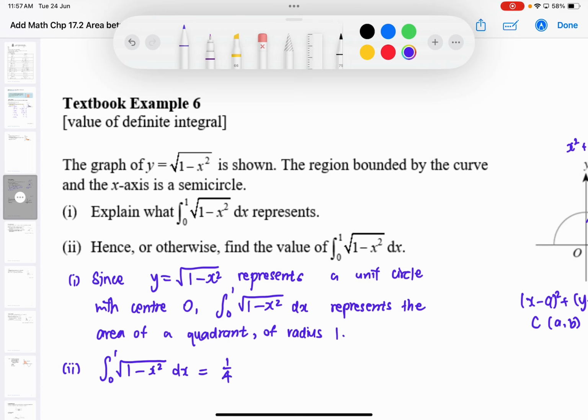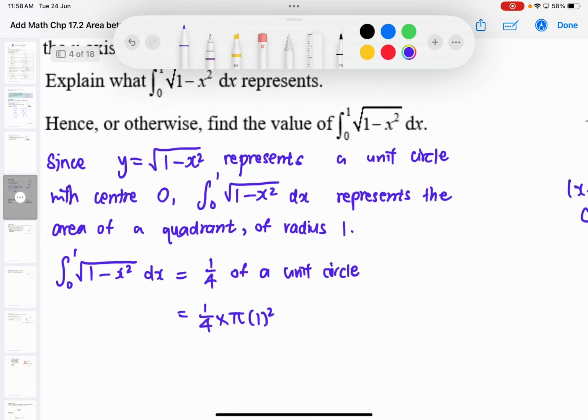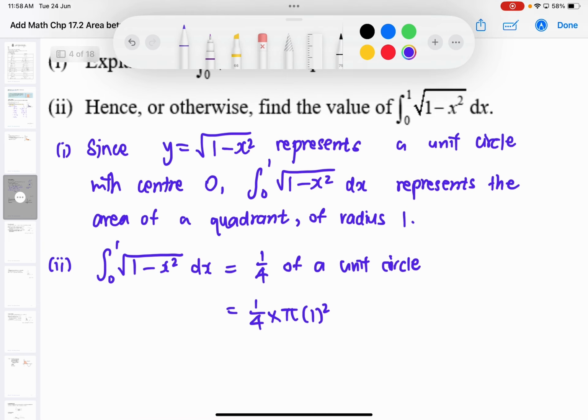So this is 1/4 of a unit circle, which equals 1/4 times pi r squared. So the answer is pi over 4. Okay?